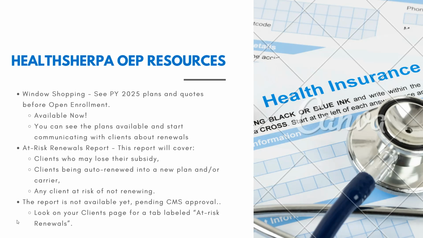However, we were told by CMS that this has not happened yet, so you're not going to see the at-risk renewal tab on Health Sherpa, but hopefully that's going to become available soon so that you have a good idea of your clients and who may be losing their subsidies, or their plans need to be renewed because the carrier changed their plan or dropped them. So keep an eye out. We will certainly let you know when that at-risk renewal tab is available on Health Sherpa.